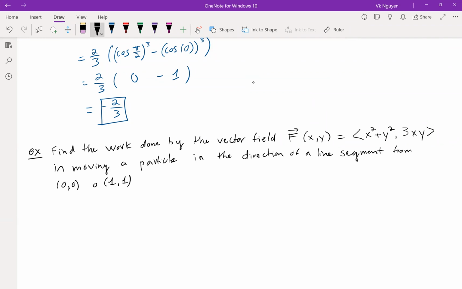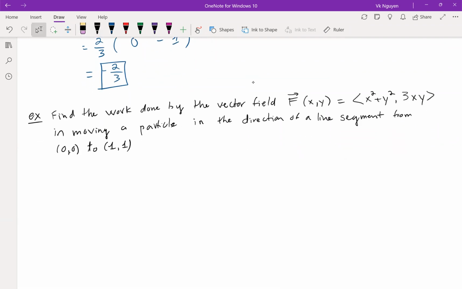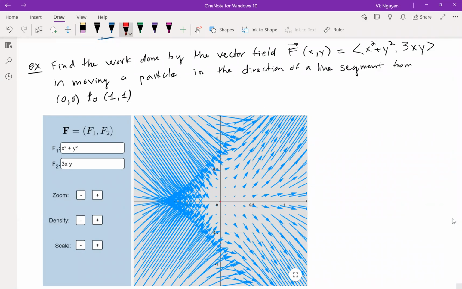Okay, you can think about this one, and I'm going to use GeoGebra to sketch out the vector field from (0, 0) to (1, 1). Okay, what do we see here?